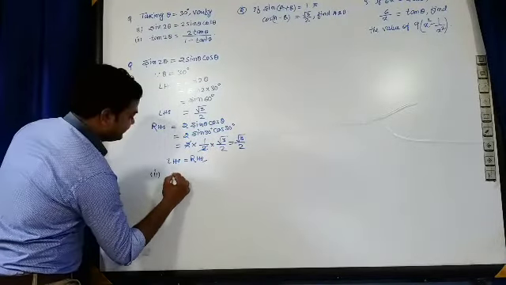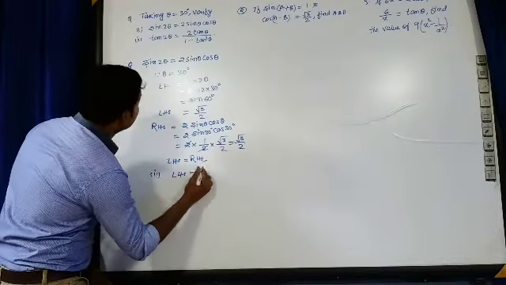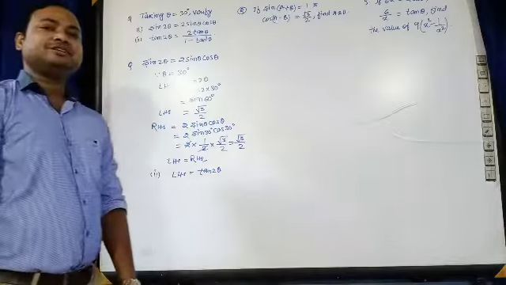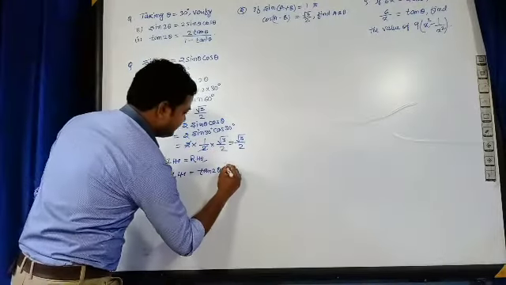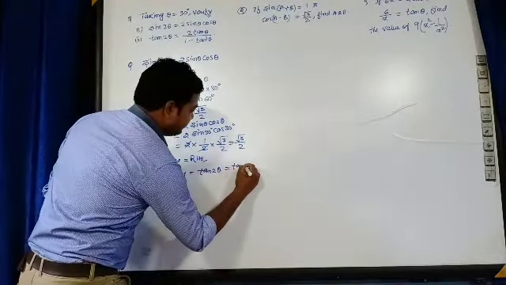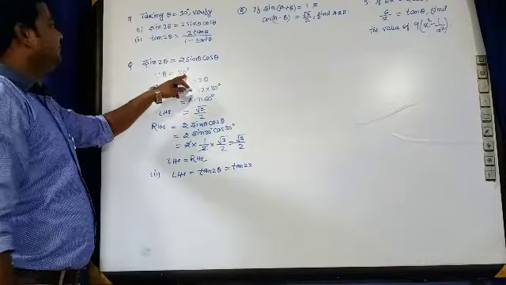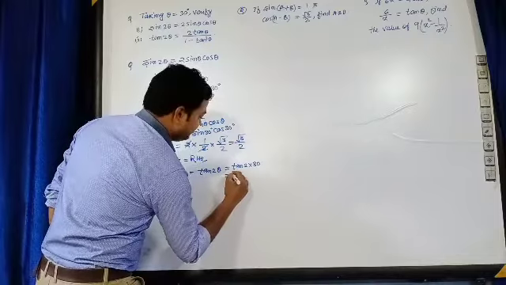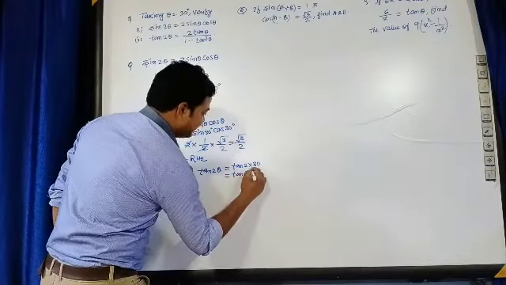Here LHS is what? Tan 2 theta. LHS is your tan 2 theta. It means tan 2 into, what is the value of theta? 30 degree. 2 into 30 is equal to tan 60 degree.